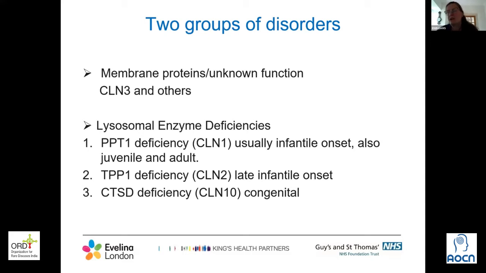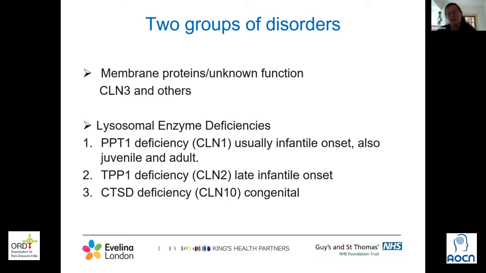We know that mutations in CLN2 cause another lysosomal deficiency, the enzyme TPP1, and the very rare congenital onset disease caused by mutations in the gene CLN10 is also a lysosomal enzyme deficiency, cathepsin D. So some of these NCLs, Batten diseases, are caused by lysosomal enzyme deficiencies.